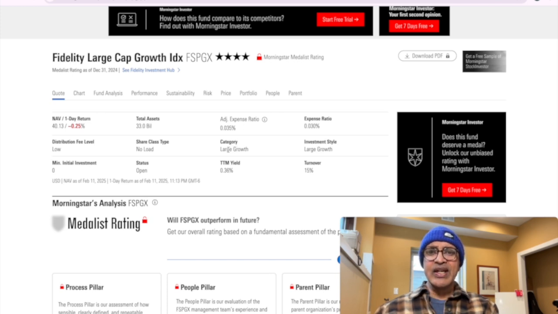Then this category says it's a large growth. Large growth funds are funds that invest in companies that are predominantly growth-based, not value-based. Value-based companies, examples would be like Coca-Cola, Pepsi, companies like that. You will not see a radical growth potential in those.